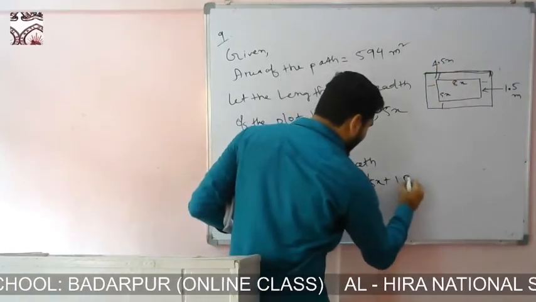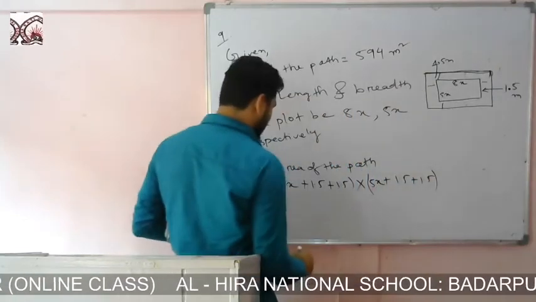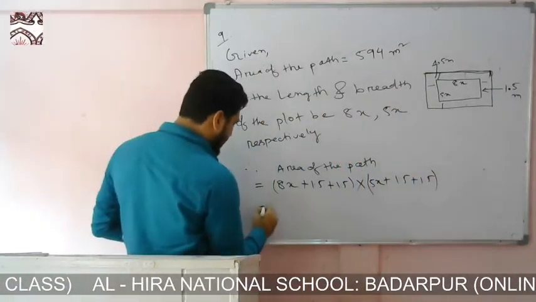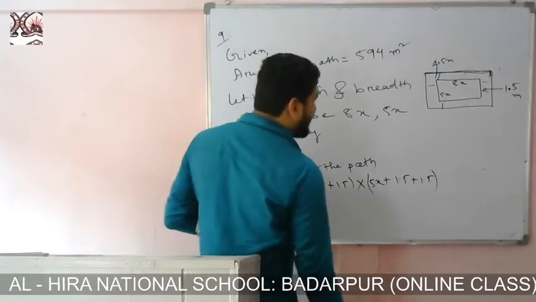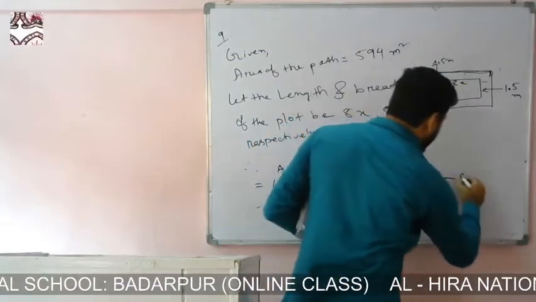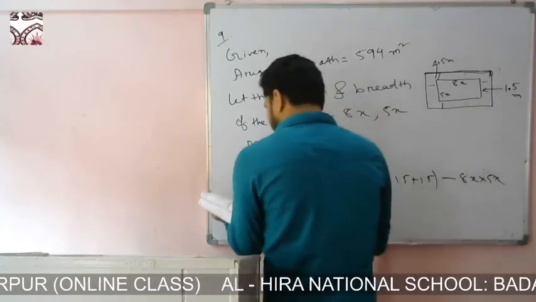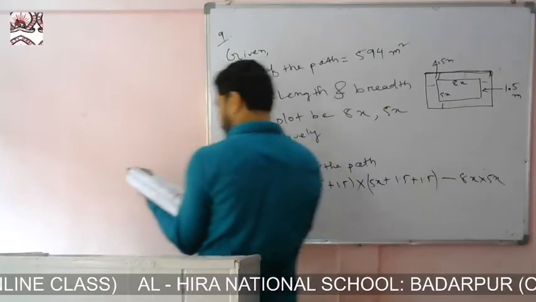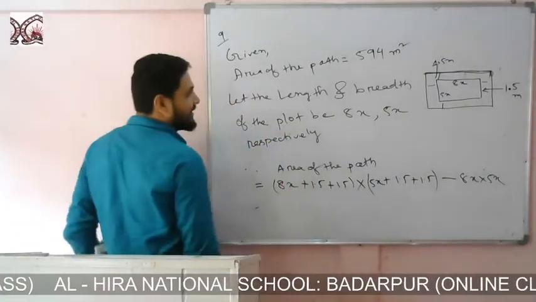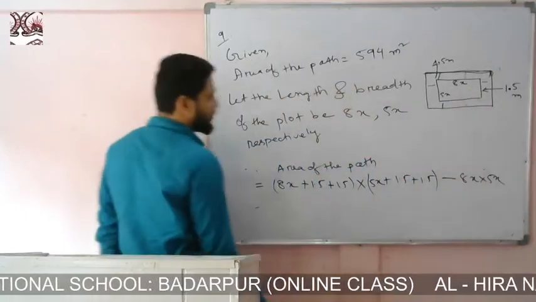So 1.5 plus 1.5. After that, minus this portion, 8x into 5x. Otherwise, we cannot find the dimension of the park. We have to subtract this portion.